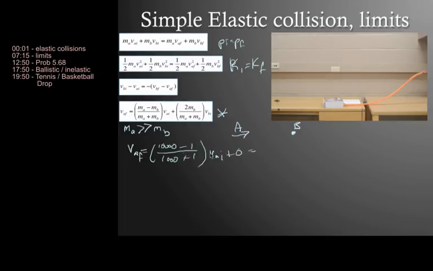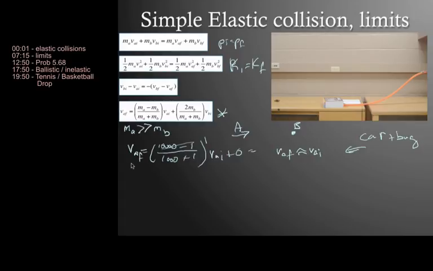And so here we're going to get big number over big number, but these are both pretty much the same number, so this is just going to give me a 1. So that tells me that VA final is pretty much going to be VA initial. So a real world example of this is car plus bug. When the car collides with a bug, your velocity doesn't change.